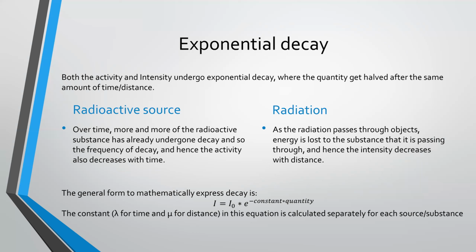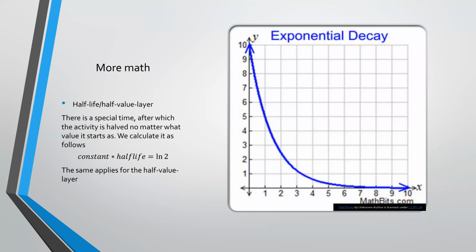We cross multiply, so it becomes I naught by I, and the E term goes to the opposite side and becomes E raised to the positive power of constant times quantity. So here we get that.